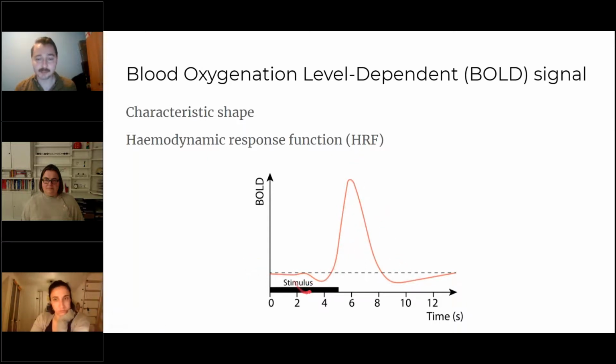And this is what it looks like. It tends to be very consistent across regions. If a neural population responds to the stimulus that we present, you'll see first an initial dip in the BOLD signal, then a very sharply peaked increase, then a slight overshoot, and then it will return to baseline. And as you can see, this happens on a time scale of seconds.